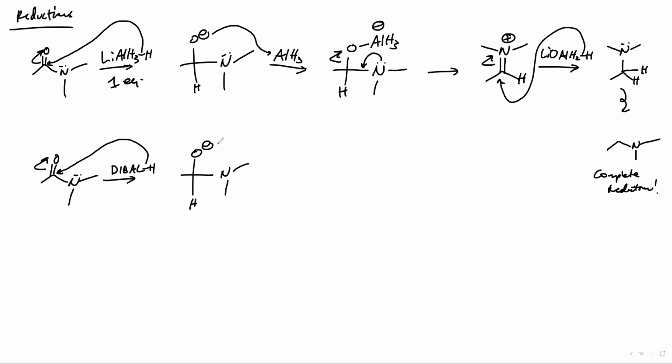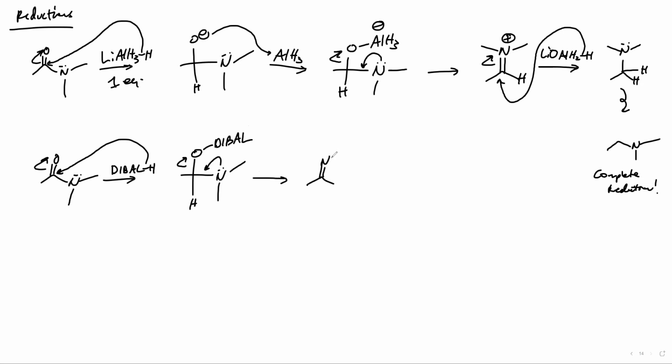But again, what are we going to form here? We're going to form this complex here, right? This tetrahedral complex. And again, before it didn't matter who we kicked off, but now it does. Nitrogen's going to kick off oxygen, not the other way around. Okay.